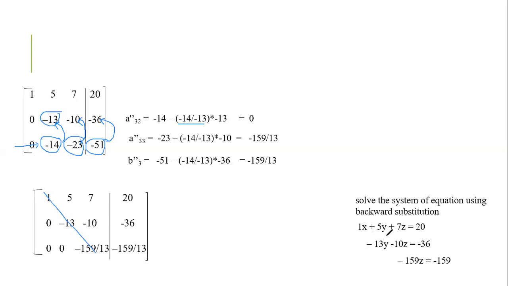We've eliminated x in the second equation and eliminated x and y in the third equation, which means we can easily find z from this equation to be what? z equals 1. Then substitute backwards into the next equation to find y, and then you substitute y and z into the first equation to find x.